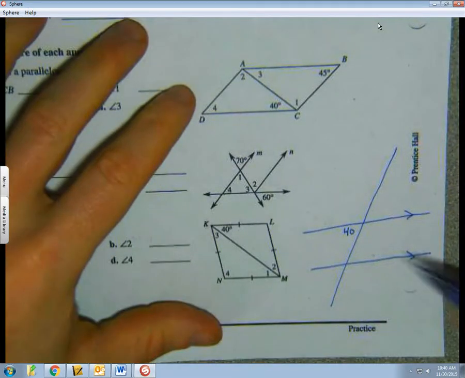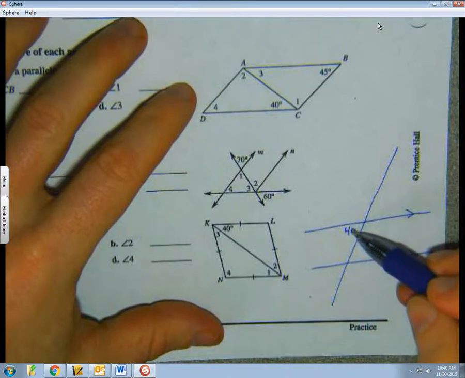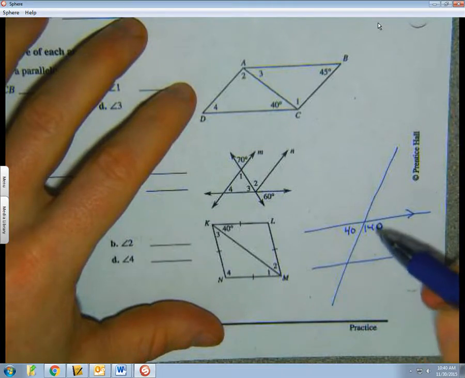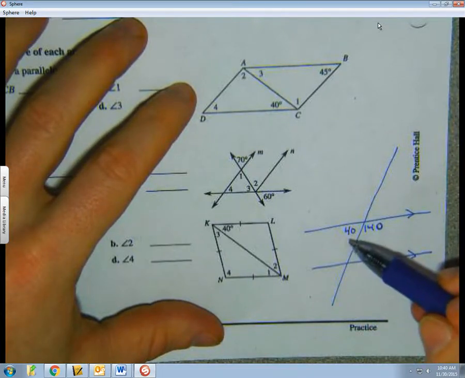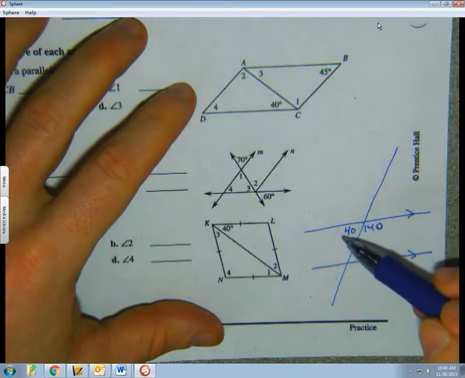So I should notice that if this is 40, then this has to be 140. And the reason that has to be 140 is because these two are a linear pair. They add up to 180.